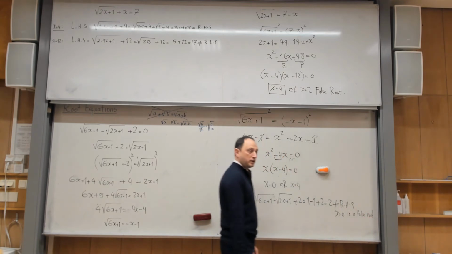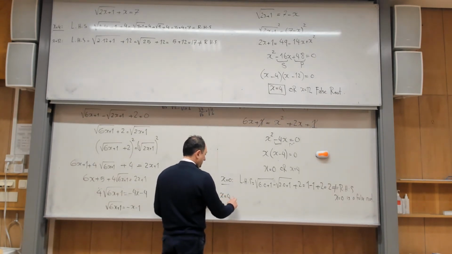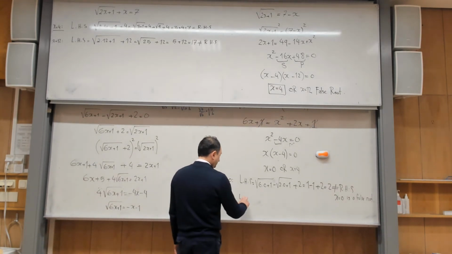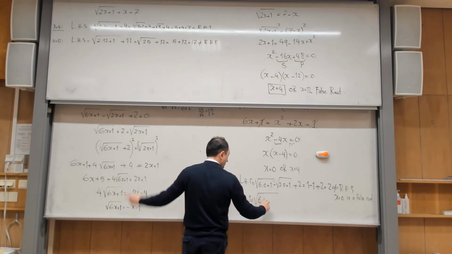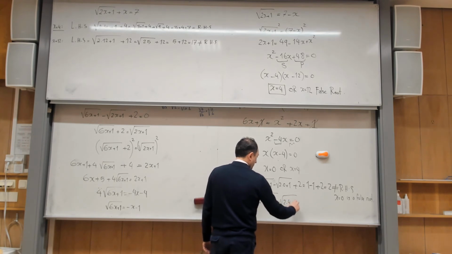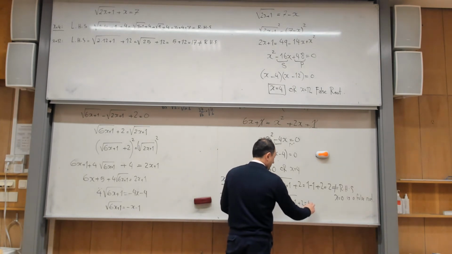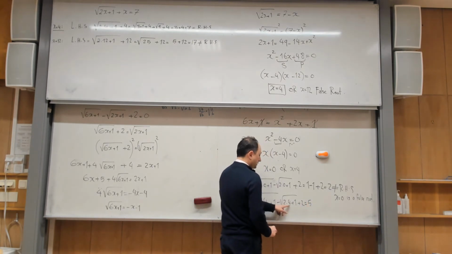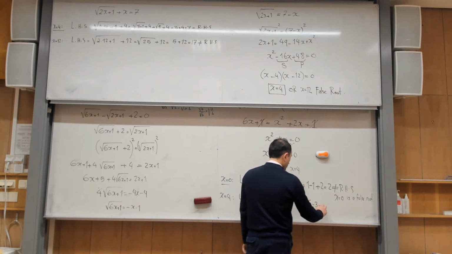Yes? And then I also check x equals 4. So what is that? The left-hand side is equal to square root, instead of x, I put 4, and to see what happens. 6 times 4, 24 plus 1, 25. Square root of 25 is 5. 2 times 4, 8, plus 1 is 9, square root 3. 5 minus 3, and then I have plus 2.